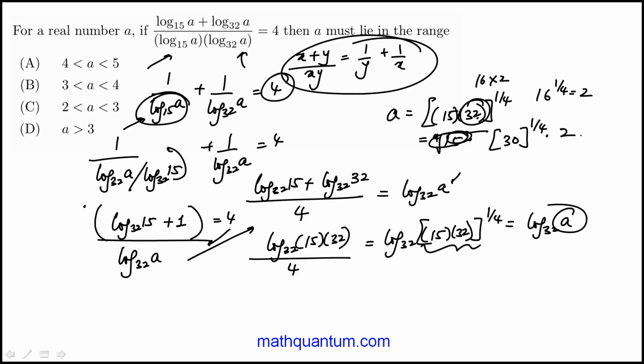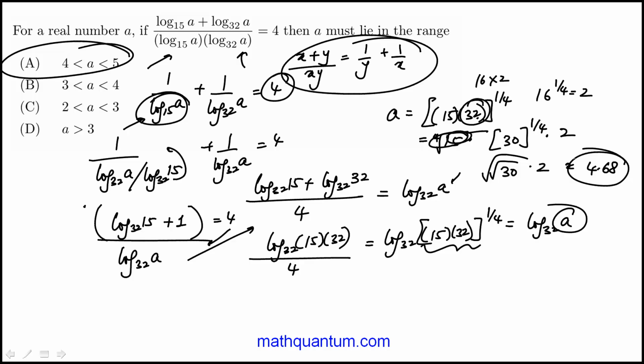The way you would do this is take the square root of 30 twice, because that square root operation is allowed. So if I take the square root of 30 and do it twice, I get 2.34, and then I multiply it by 2, so I get 4.68. And if you look at the answer choices, it falls here. That's one way to do it.